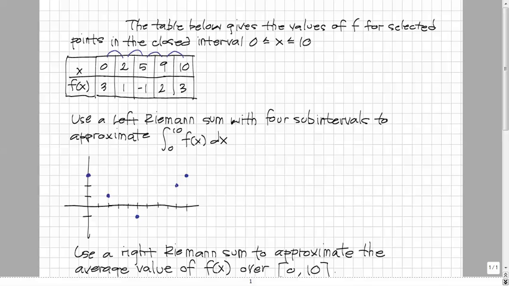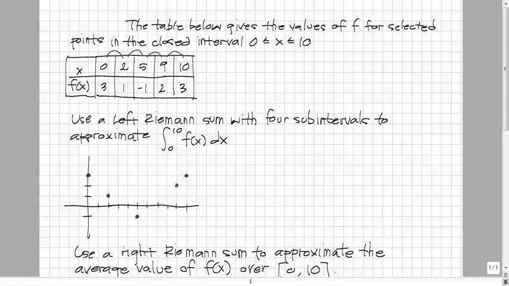And we can start to visualize our Riemann sum because we know that we're going to be making rectangles to approximate the area under this curve, even though we don't really know where the curve is going.